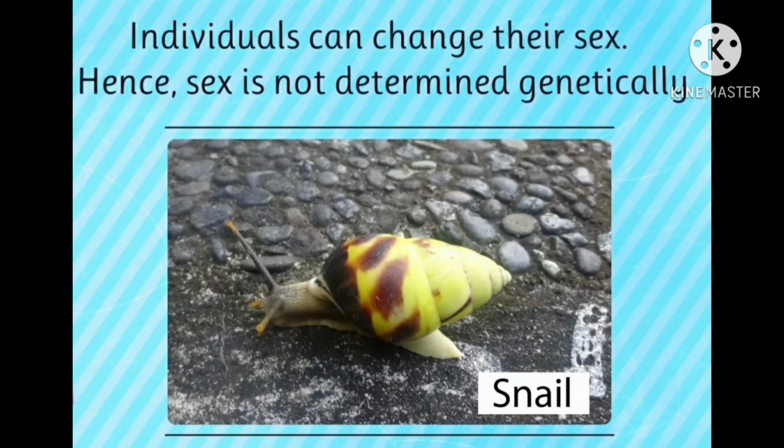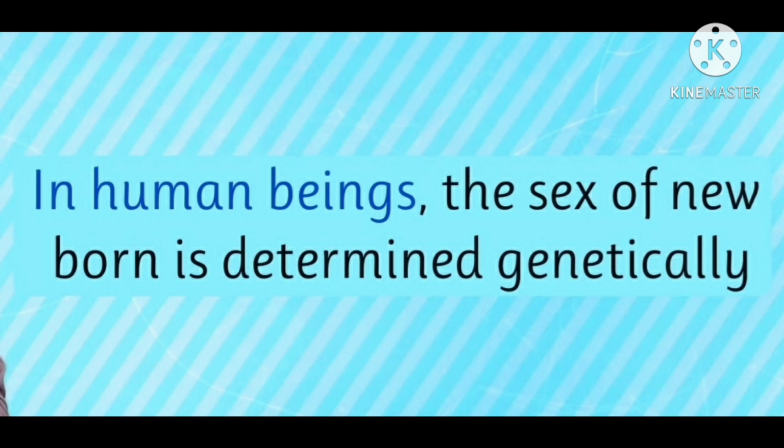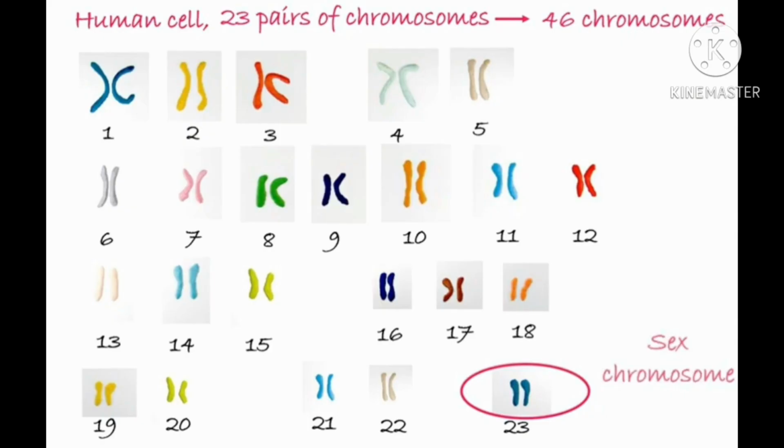In other animals such as snails, individuals can change sex, indicating that sex is not genetically determined. In human beings, the sex of the individual is genetically determined. The genes inherited from our parents decide whether we will be boys or girls.